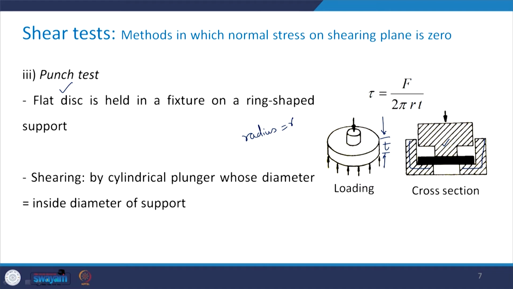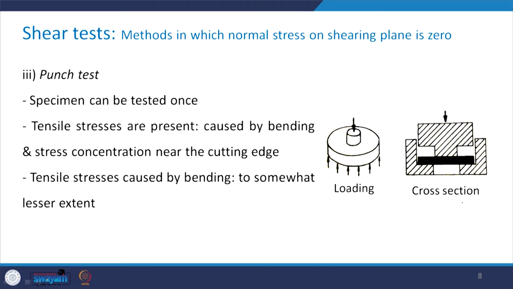So, you see that this is your flat disc, this is the plunger, these are the support system, and through this it will be sheared. This flat disc specimen will be sheared. In this case also, the specimen can be tested once.